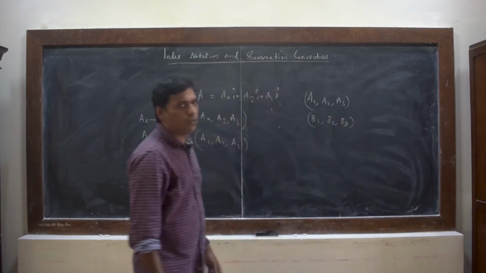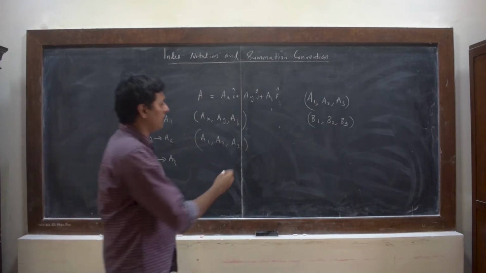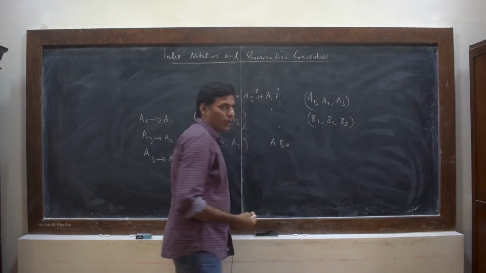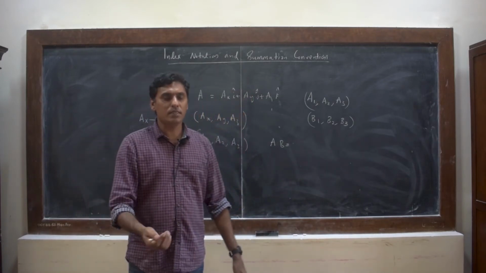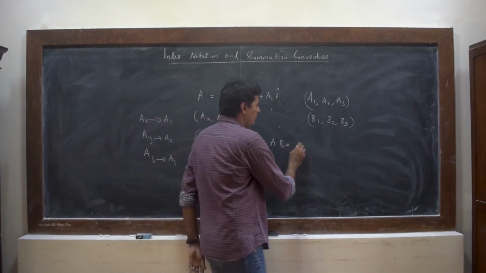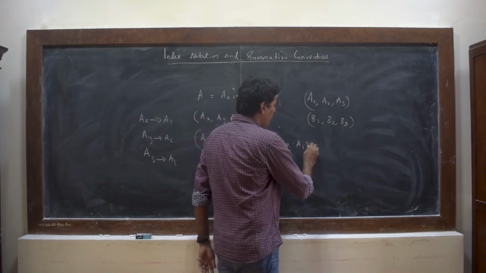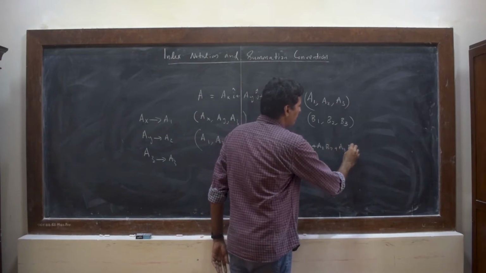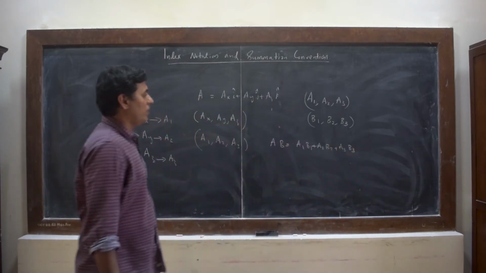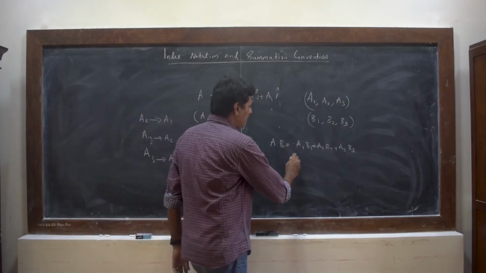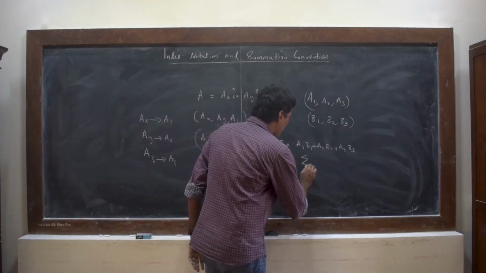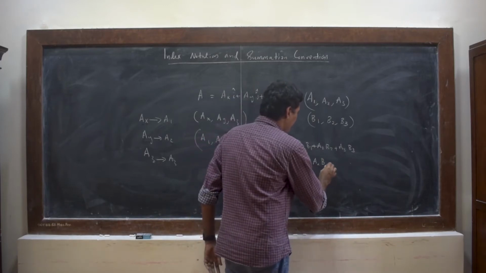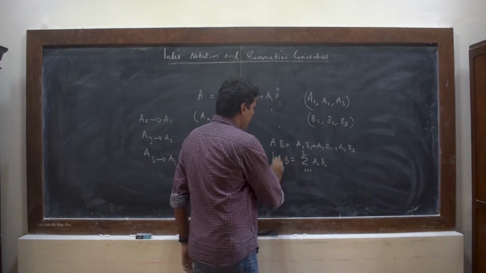If you wanted to define A dot B, generally you write it as AX BX plus AY BY plus AZ BZ, and in our notation it will be A1 B1 plus A2 B2 plus A3 B3. Or you can write this as summation over i equal to 1 to 3 of Ai Bi. This is the way you can write A dot B.